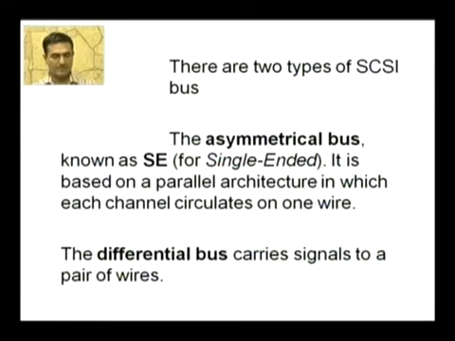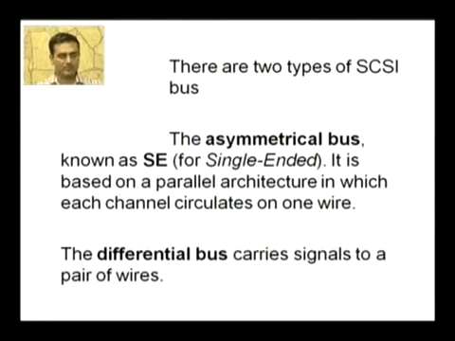The SCSI cables in SE mode have 8 wires for 8-bit transmission, as there is a parallel architecture, and 16 wires for a 16-bit cable. So the asymmetrical bus is based on a parallel architecture in which each channel circulates on one wire.